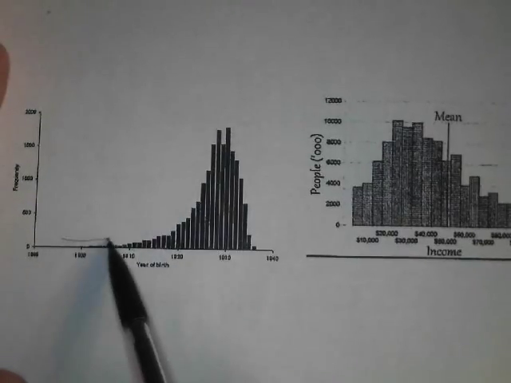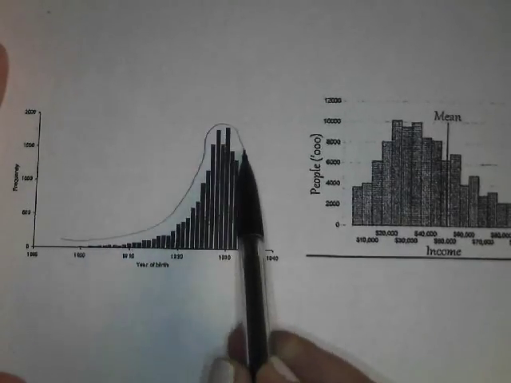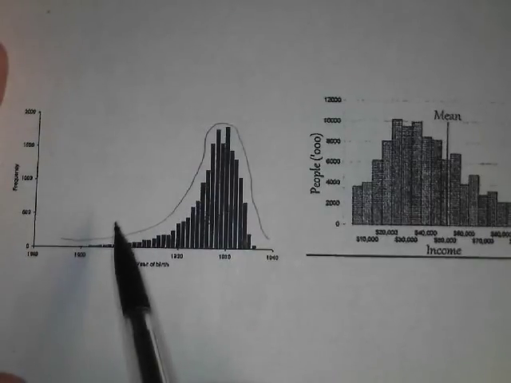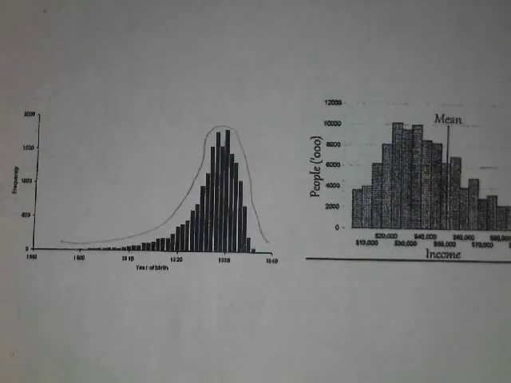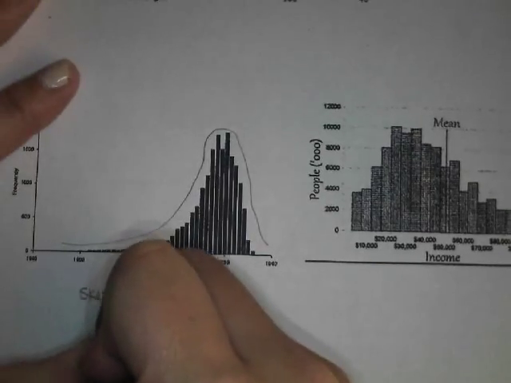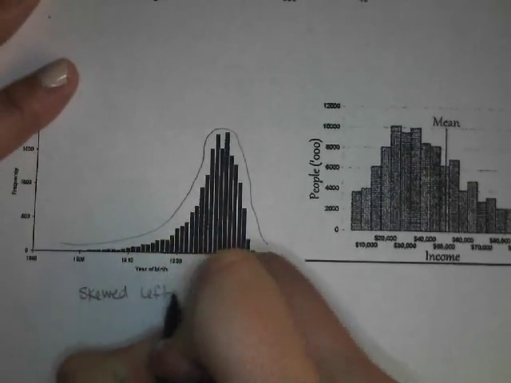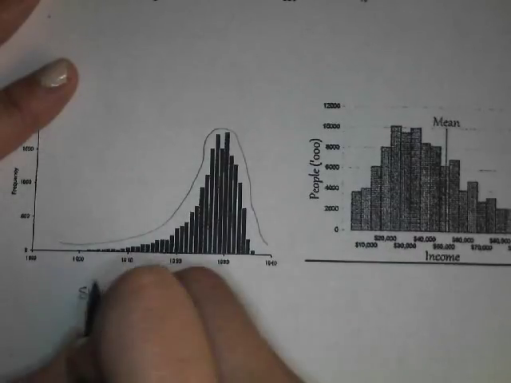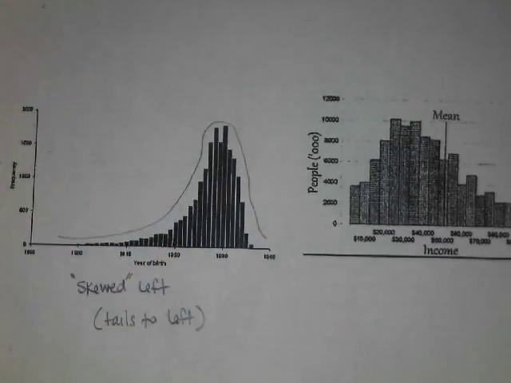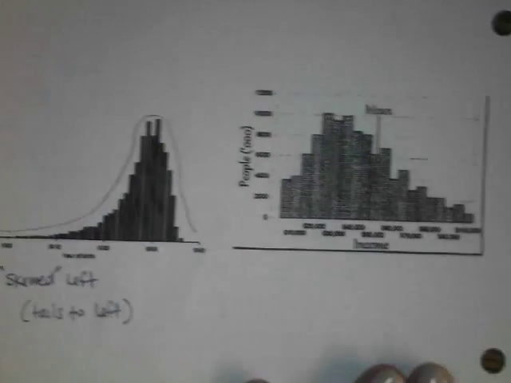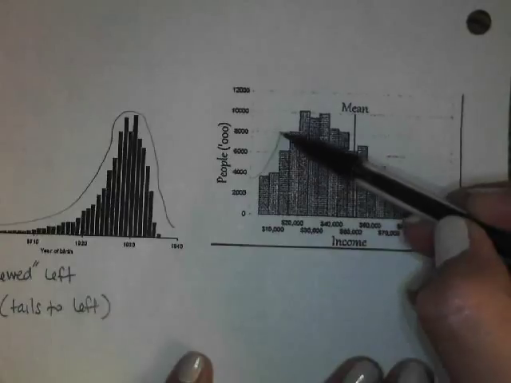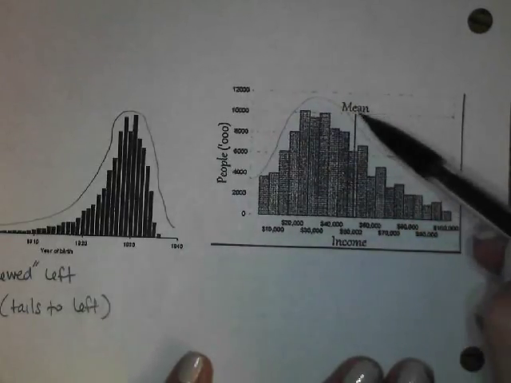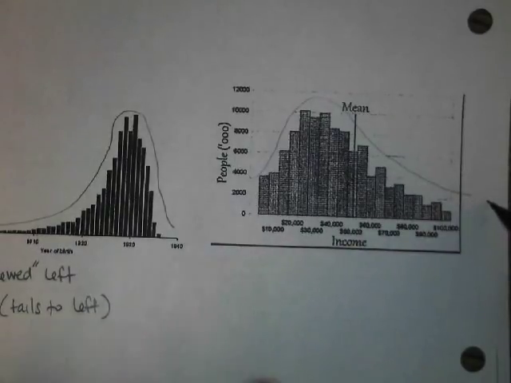Professionally speaking, we would say that that is skewed left because it tails to the left. The skew word is actually a vocab word. And the other graph tails off to the right. So it reaches its peak early and then it tails off longer to the right. That would be skewed right.